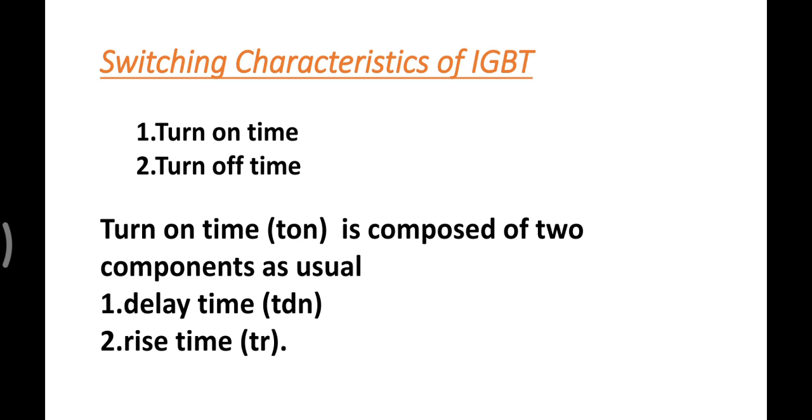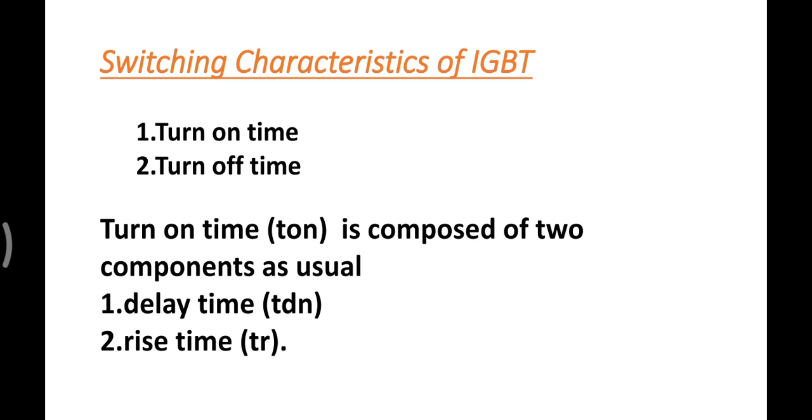Next, switching characteristics. Switching characteristics are also called the dynamic characteristics of an IGBT. Generally, the switching characteristics are considered in two parts: one is turn on time and the second is turn off time.